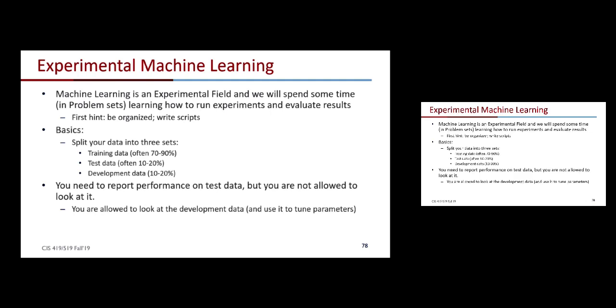So there are some basics. Well, I already talked about being organized and writing scripts. The basic is that you split your data into three sets. You have training data, you have test data, and you have development data. Now, in real life, you sometimes don't have test data, because eventually you're going to learn a model and launch it somewhere, and the data is going to come.